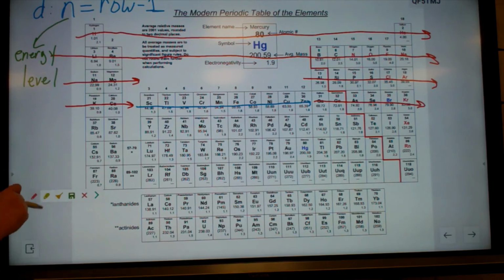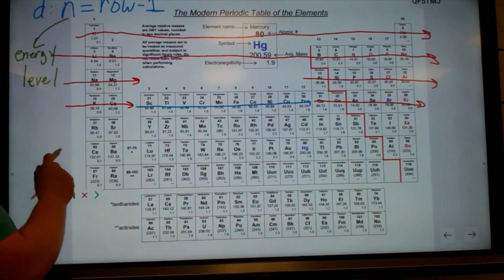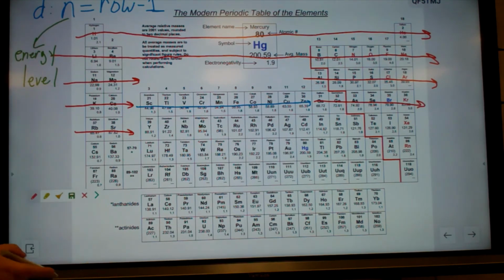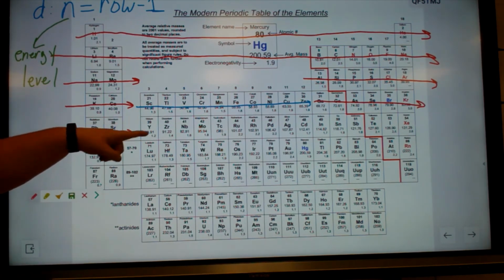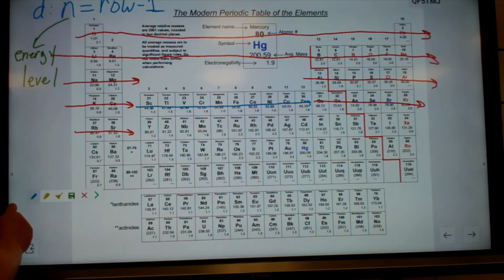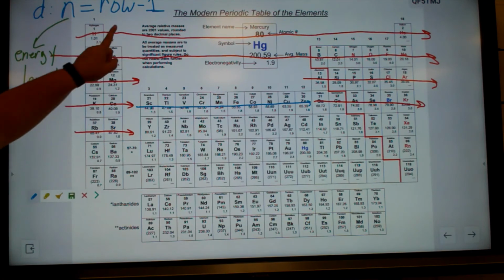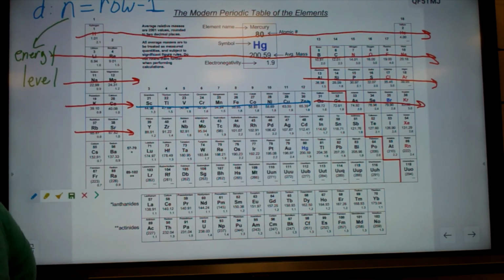I come down to the fifth row, and I'm here at the S block, so it's 5s2. Now I go back in the D block again. So now what do we got to do? There's a change. With this change, in the D block, we take the row, which is 5. So 5 minus 1 is 4. It's 4D.